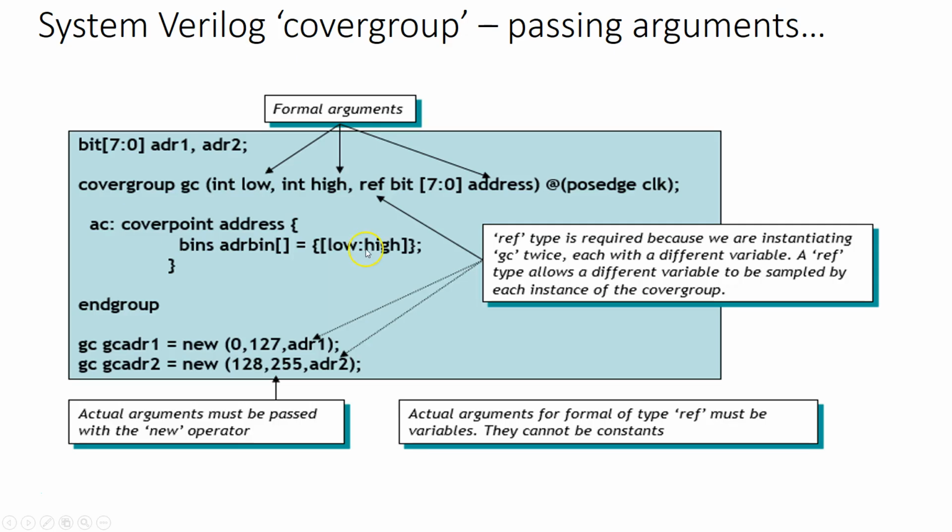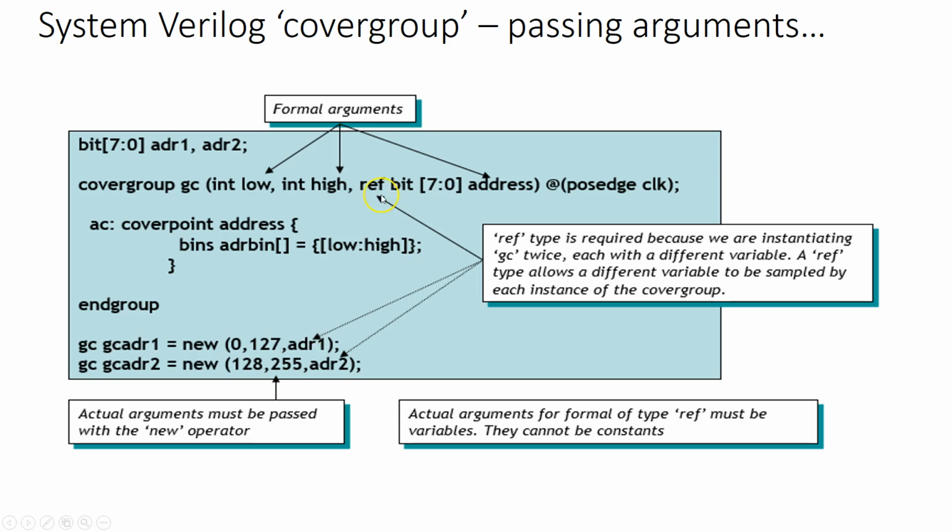And when I instantiate, like we discussed that all the cover groups need to be instantiated, I'm going to take the same cover group and instantiate it twice. At one time, I'm going to give it 0 to 127, and I'm going to give it ADR1. ADR1 is this particular variable that we declared here. Note that in the cover group, I have a generic name called address, and that's why I'm saying cover point address. But when I instantiate, I'm going to give it the real name of the variable that's in the design.